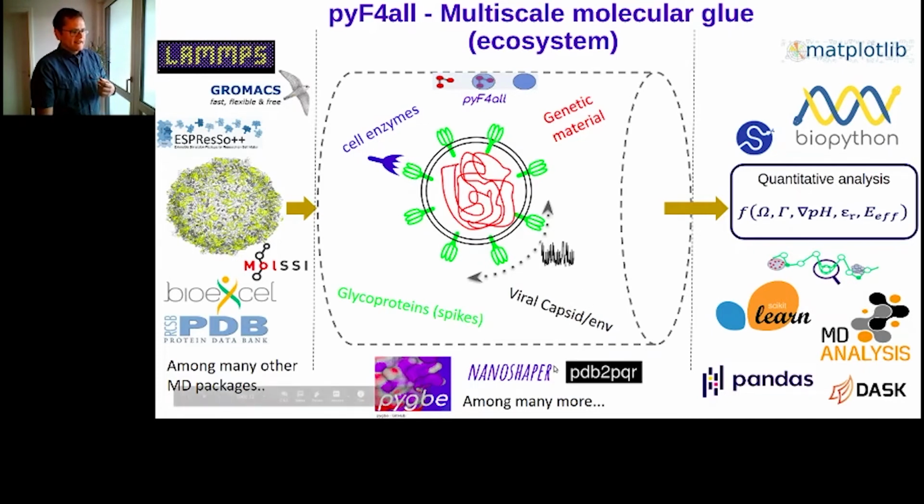And all of this is currently done by using PICB, using NanoShaper, using PDB to PQR, and many other tools which are also Python based, and then performing the analysis by also knocking on the doors of the Pythonic ecosystem, this open digital infrastructure, using MDAnalysis, for example, scikit-learn. We can use, of course, pandas and many SciPy tools, and of course, plotting with Matplotlib. So this is the overview of what Pi4All should enable.